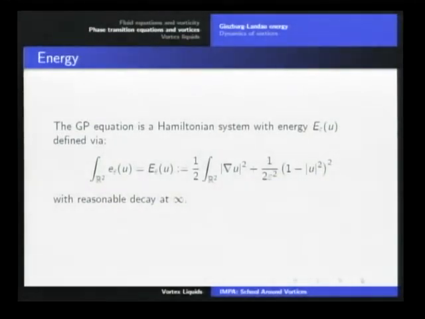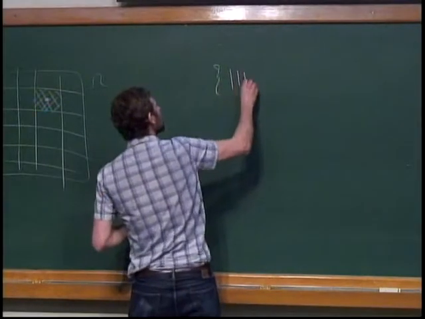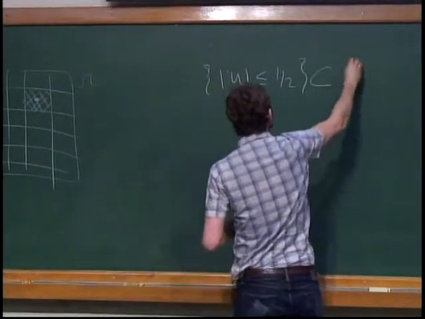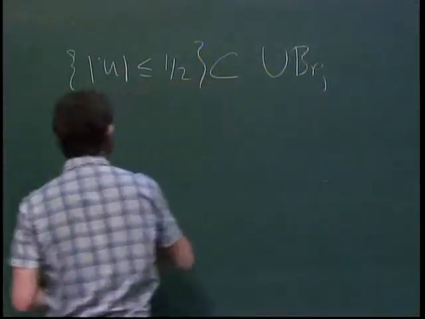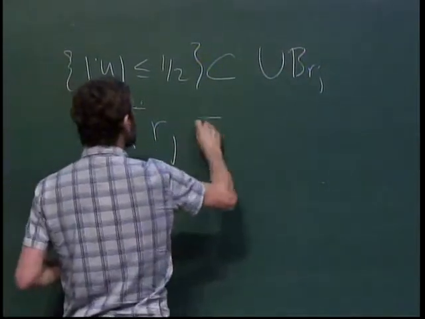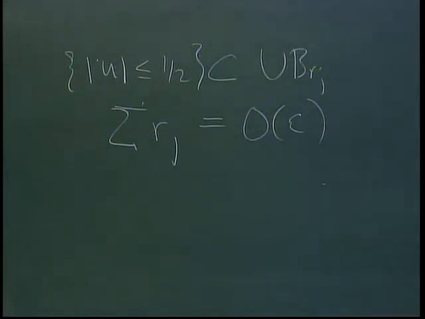And in fact, if you say that the energy is reasonably bounded, then that potential forces the set where the modulus of U is less than 1/2 to be included in a collection of balls, and the sum of their radii is going to be small. So at first glance, it's in a small set.